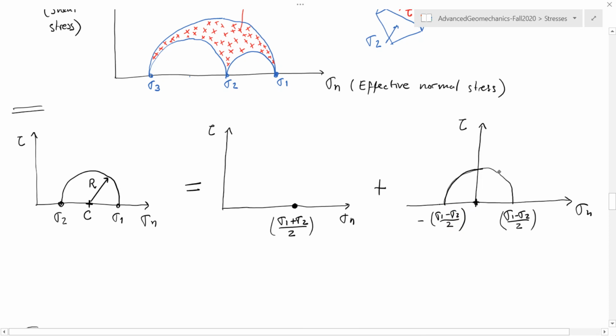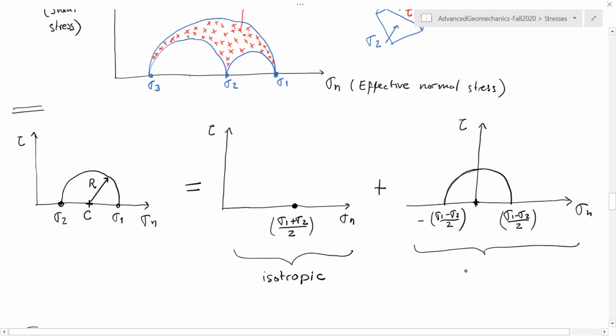So the first component is what is called the isotropic component of the stress tensor, and it's called isotropic because it means that the stresses in all directions are the same. When a Mohr circle has a radius equal to 0, that means that all the stresses in all directions are the same.